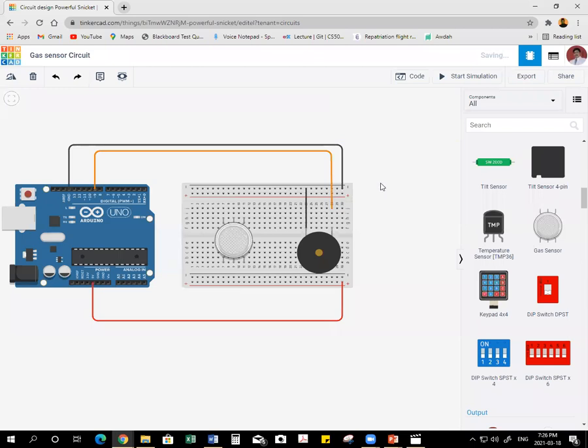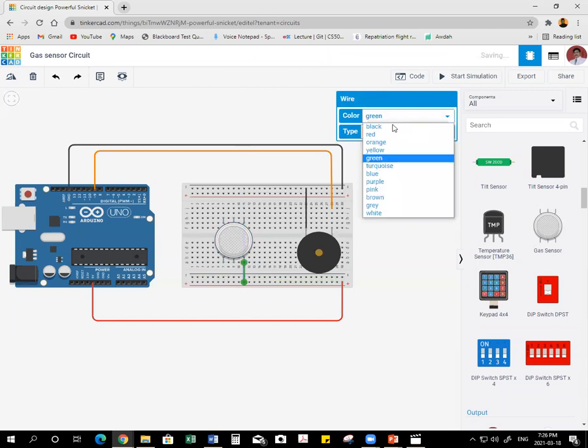Now coming to the gas sensor. The gas sensor has 3 connections here and 3 connections here. The 3 connections here are B1, H2 and B2. These 3 are given to the power supply because one connection is for warming the gas sensor, another is for detecting.